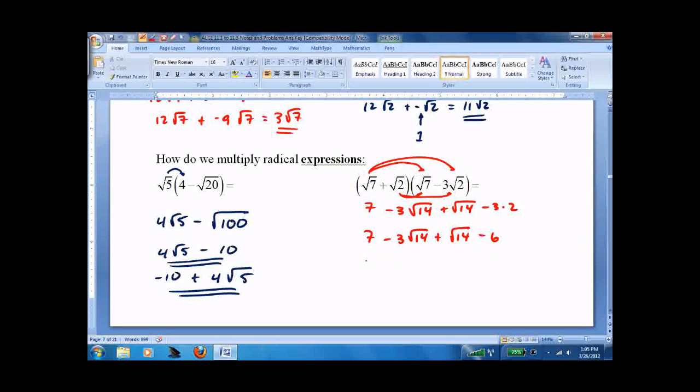Seven minus 6 is 1. Negative 3 plus 1 is negative 2 root 14. These are tricky, especially on top of the other ones. There is a lot of material here. But practice, you get good at it. Good luck.